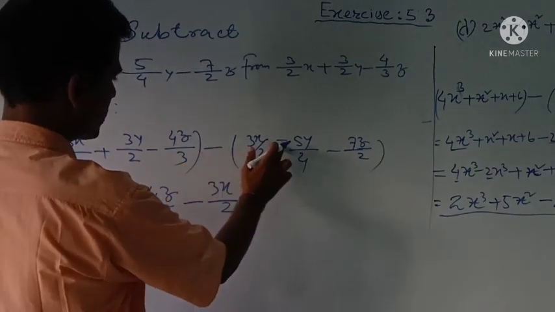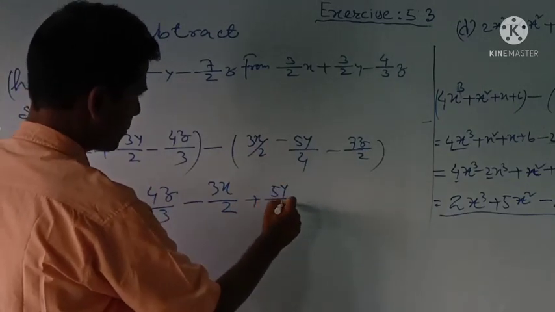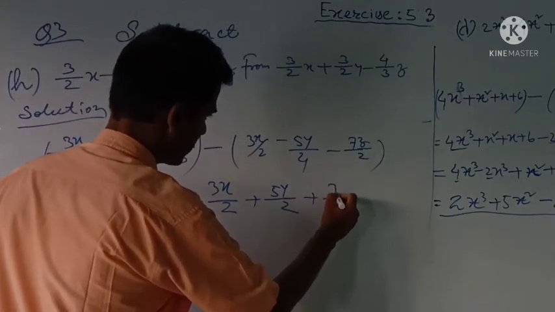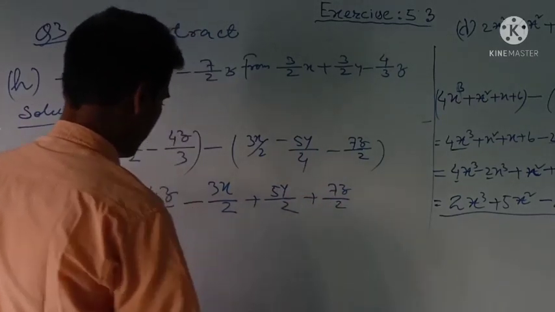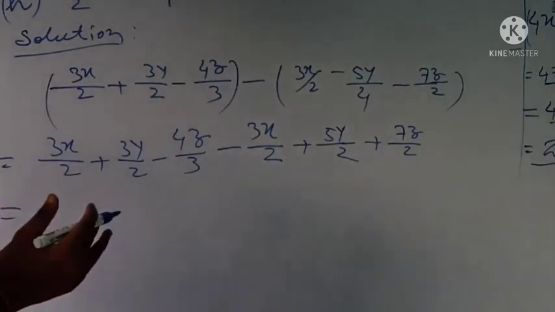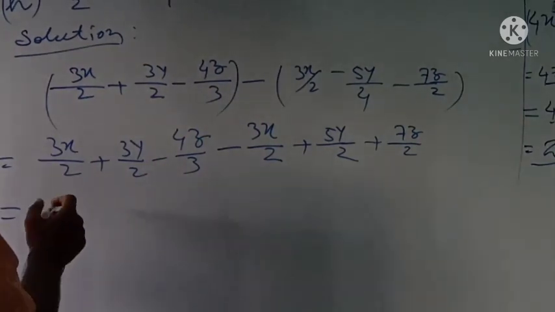Again this minus will become plus 5y by 2, then this minus, again it will become plus 7z by 2. Well, now in the following step you see it's very simple. What you'll do, we'll bring all the like terms together.